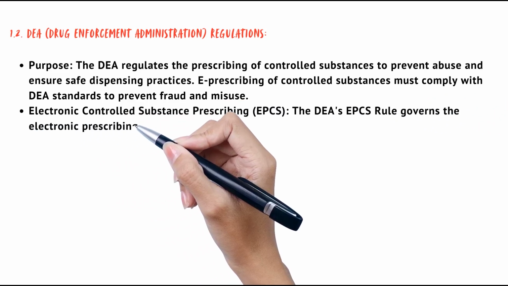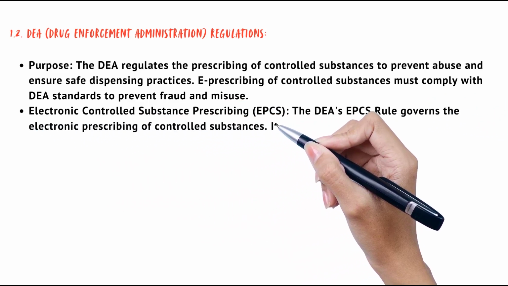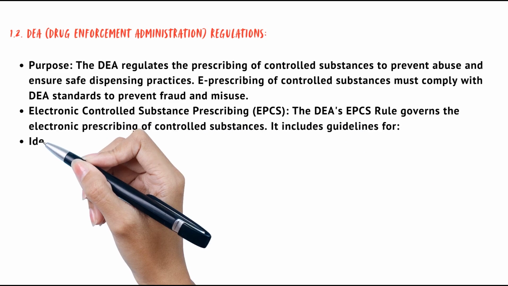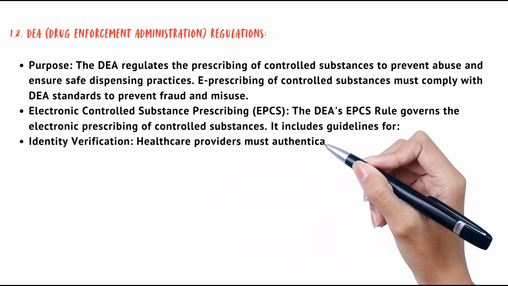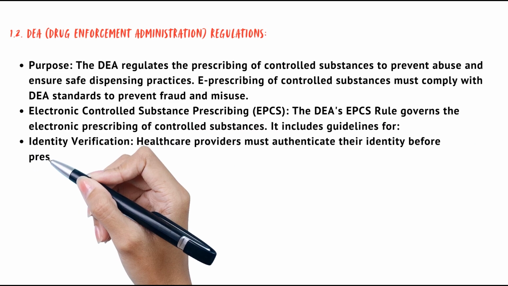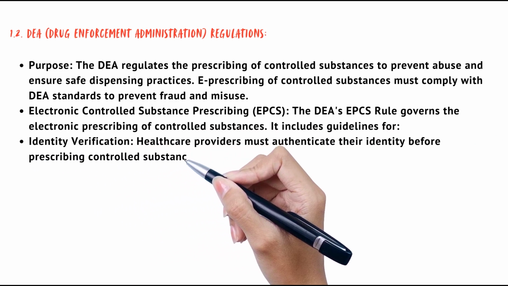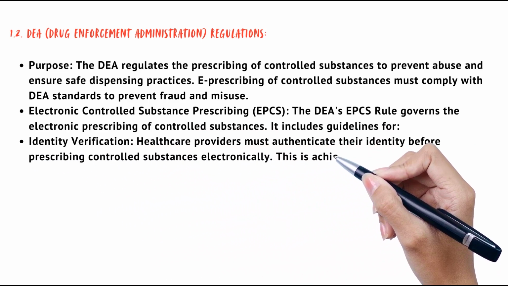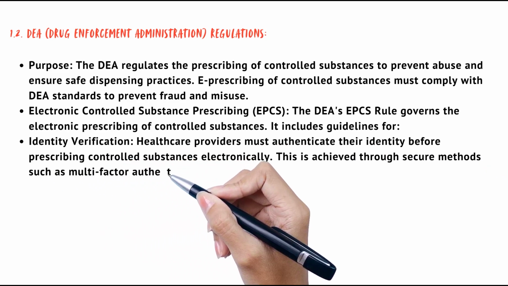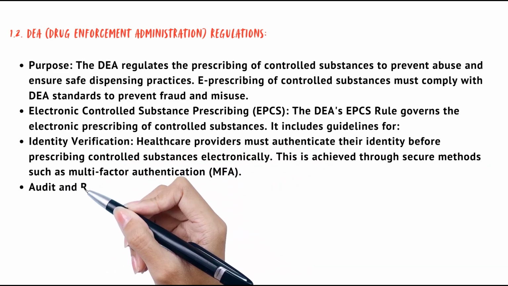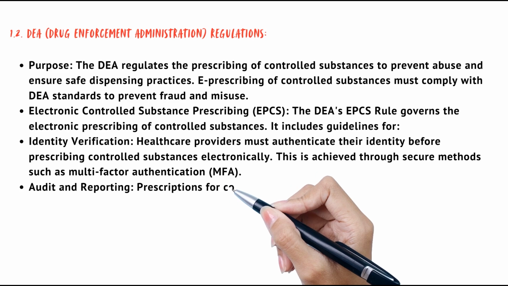The DEA's EPCS rule governs the electronic prescribing of controlled substances. It includes guidelines for identity verification. Healthcare providers must authenticate their identity before prescribing controlled substances electronically. This is achieved through secure methods such as multi-factor authentication, MFA.